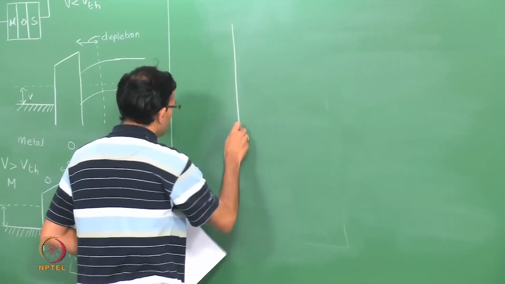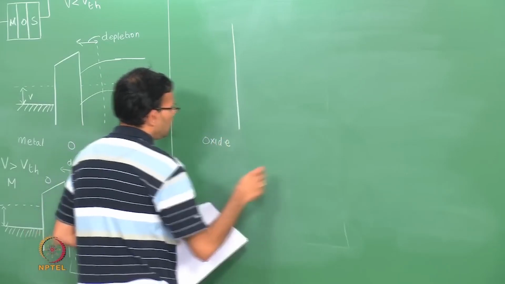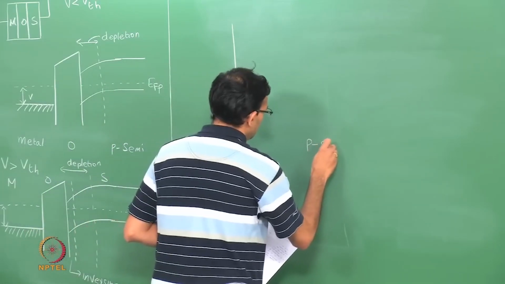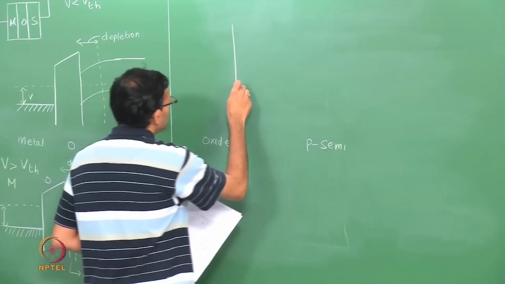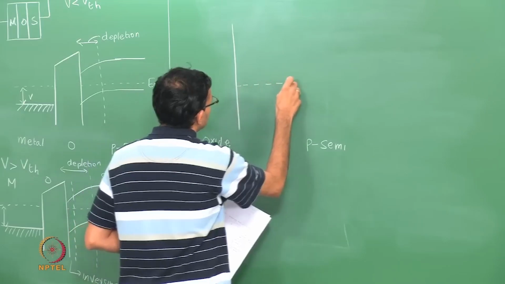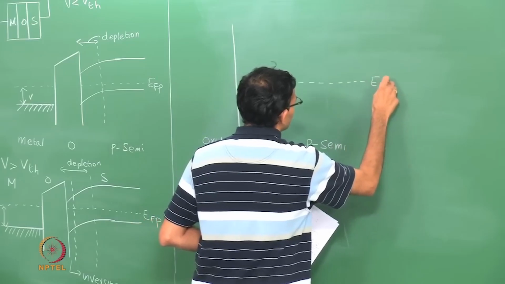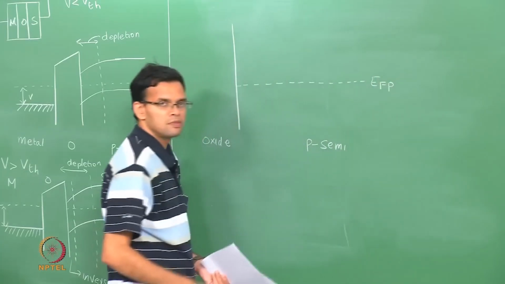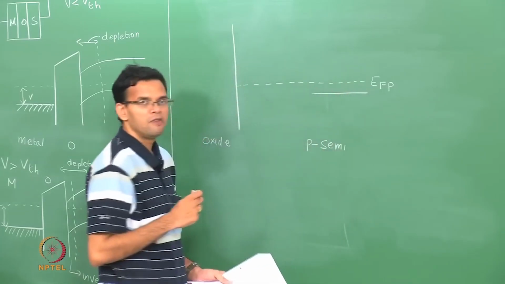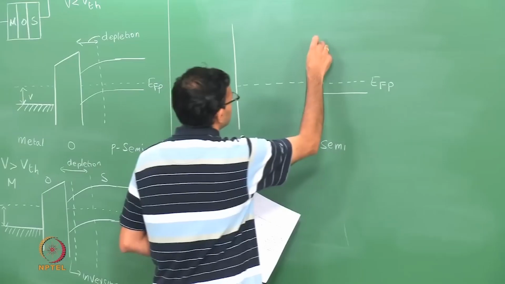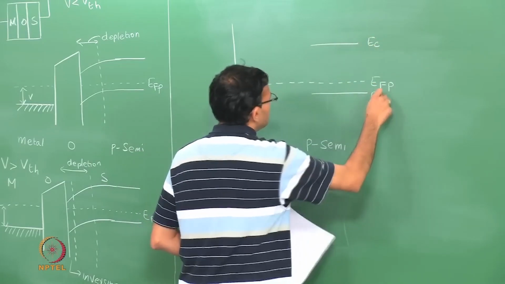So, this is my oxide layer, this is my p type semiconductor. So, let me mark EFP. So, EFP, since it is p type, will be closer to the valence band. So, this is EC and EV.